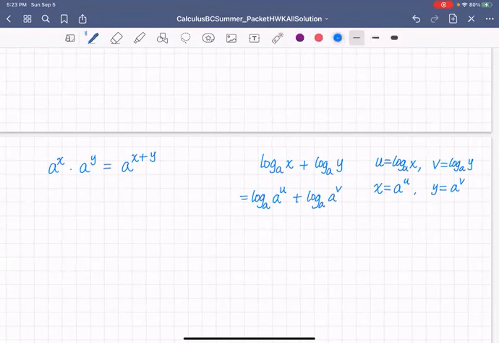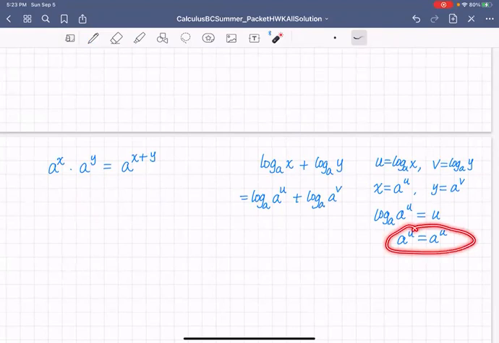And you can tell log a of a to the power u is just equal to u. Make sense? Because a to the power u equals a to the power u, correct? This is always true. So if you put a log here, then u equals u. Okay?